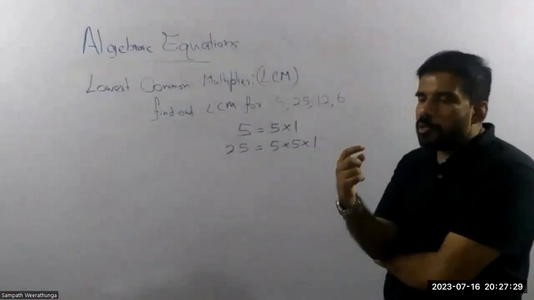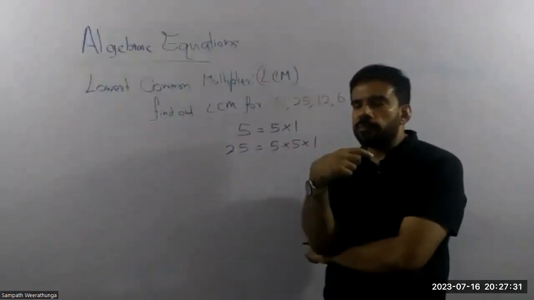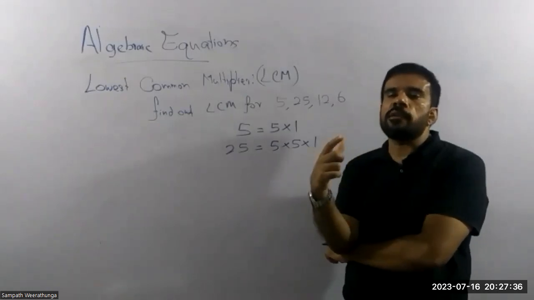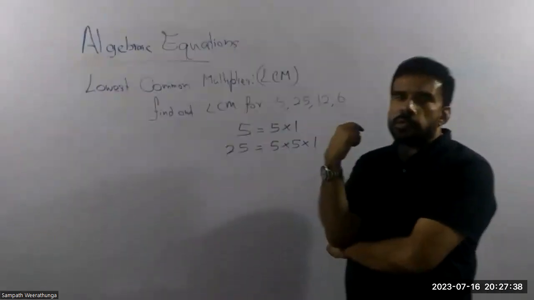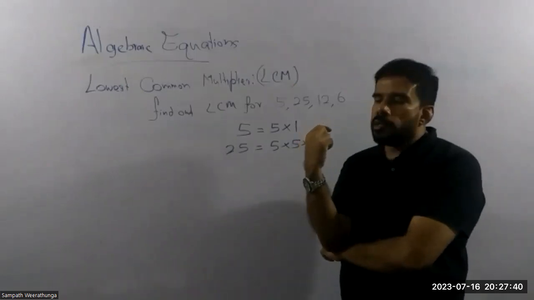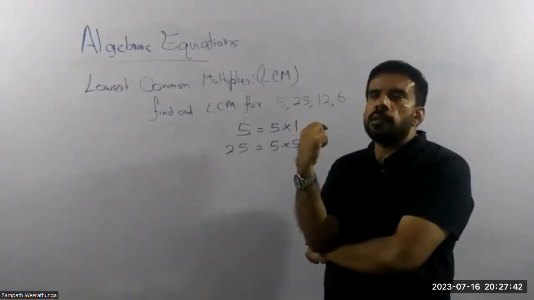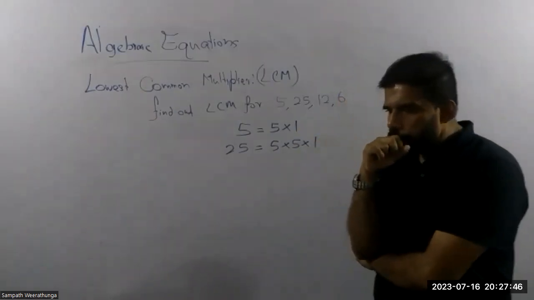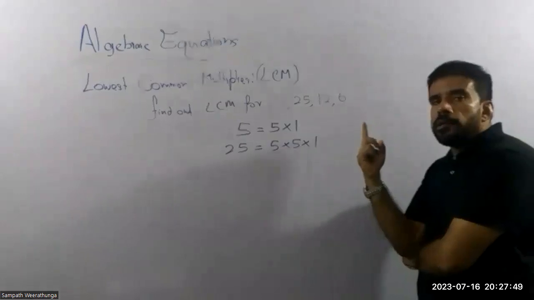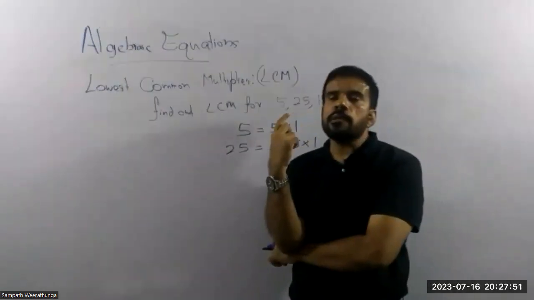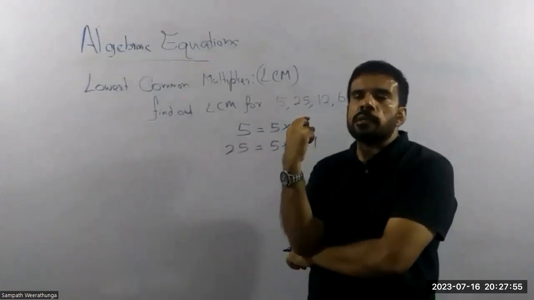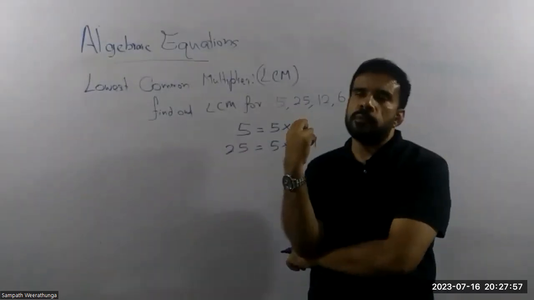Because 0 is the number which does not change the value of addition or subtraction. And 1 is the number which does not change the value of multiplication or division.